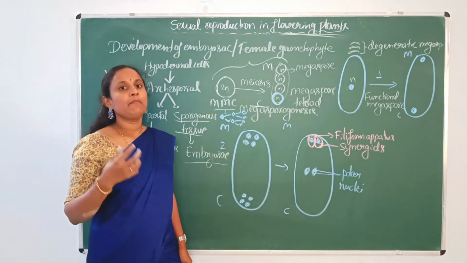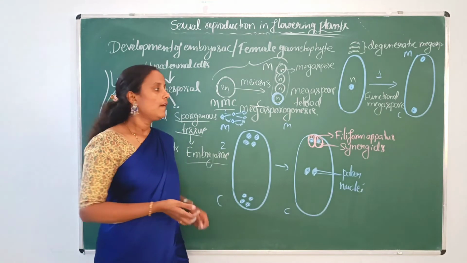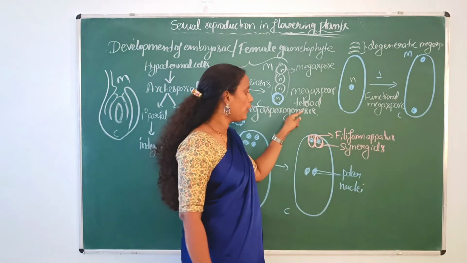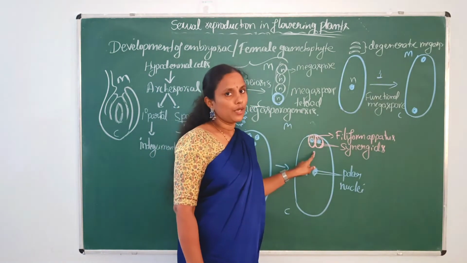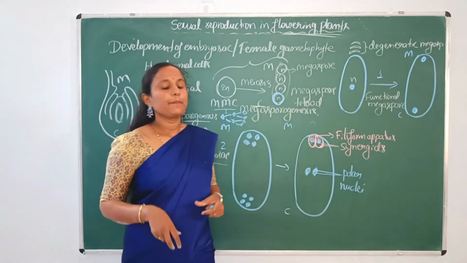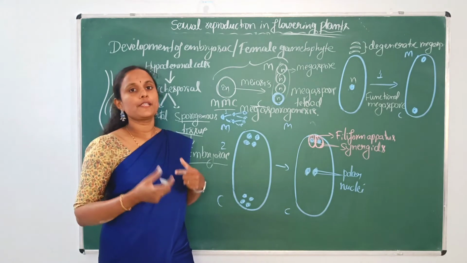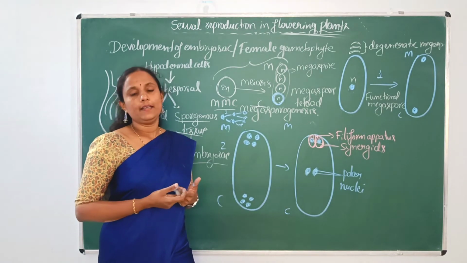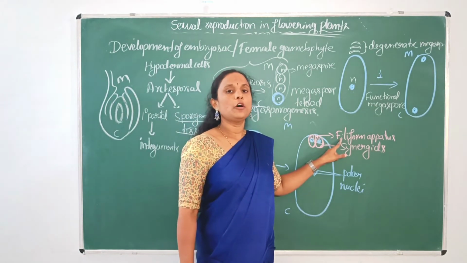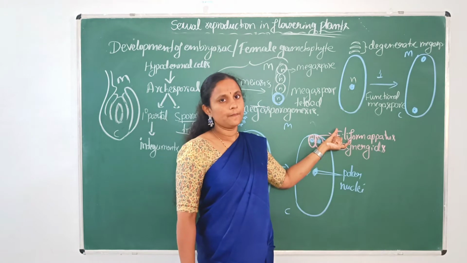They secrete some enzymes or hormones or some chemicals which guide the entry of the pollen tube into the embryo sac. Along with this, during the entry of the pollen tube into the embryo sac, there is creation of some heat, and that heat is also absorbed by the filiform apparatus. That is the function of filiform apparatus.